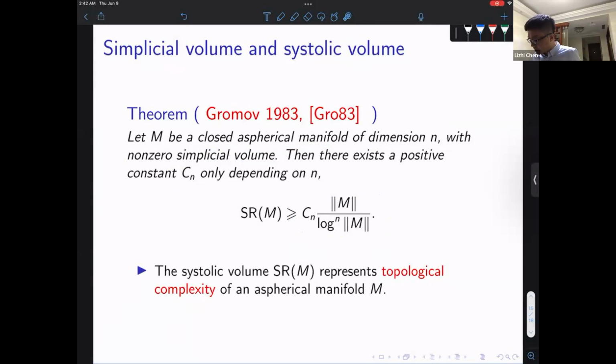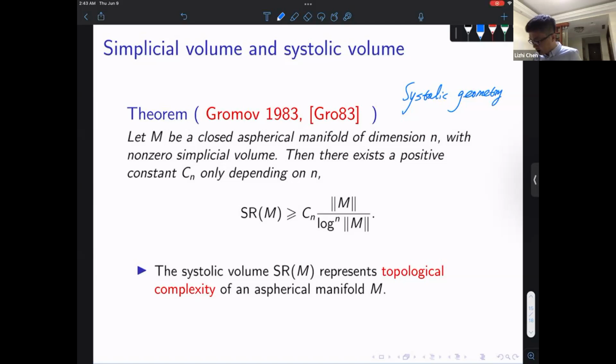This theorem is considered to be the central theorem in systolic geometry. Systolic geometry studies systolic inequality and related geometrical problems.